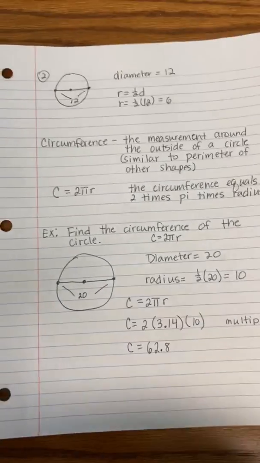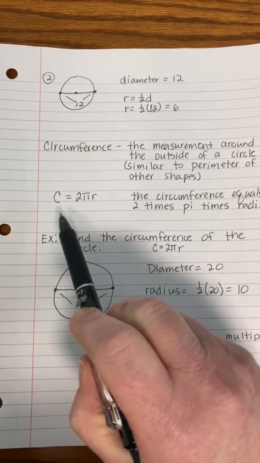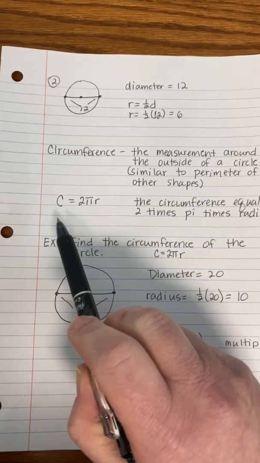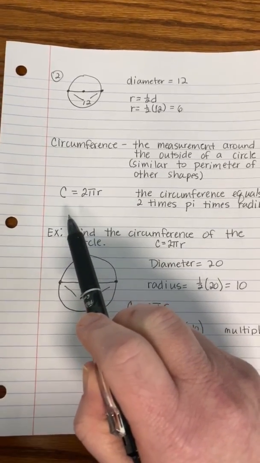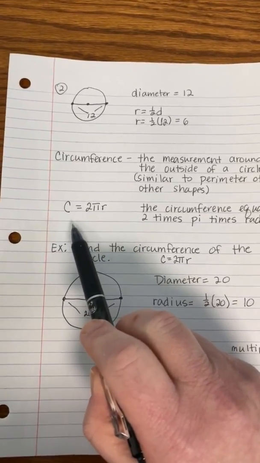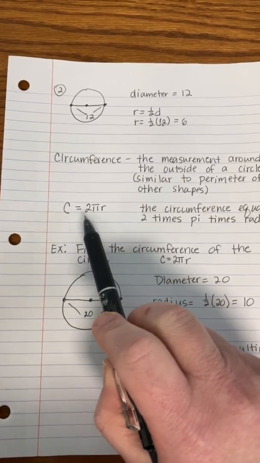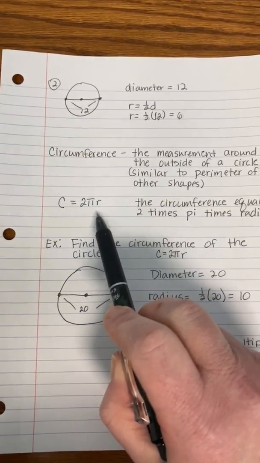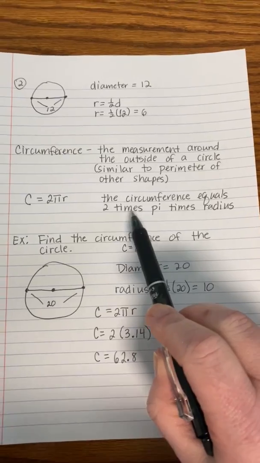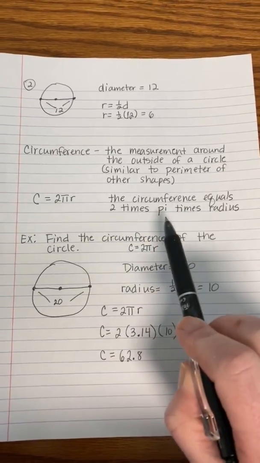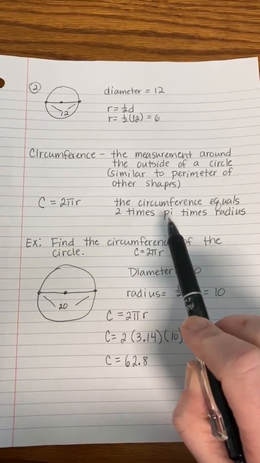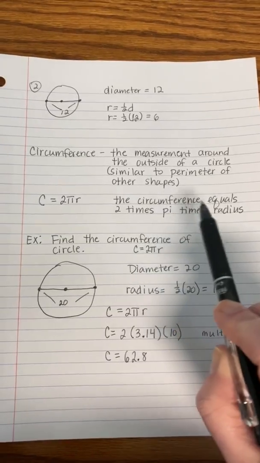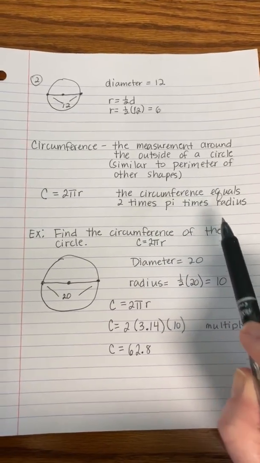We'll learn about area a few lessons from now. The circumference is equal to 2 times pi times the radius. We will replace pi with just 3.14, and then replace the radius with whatever r equals.